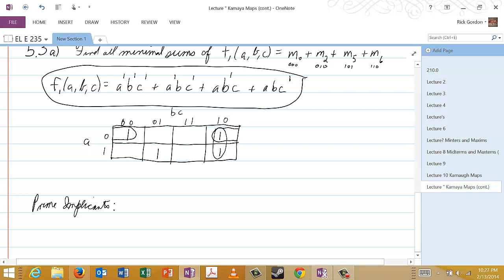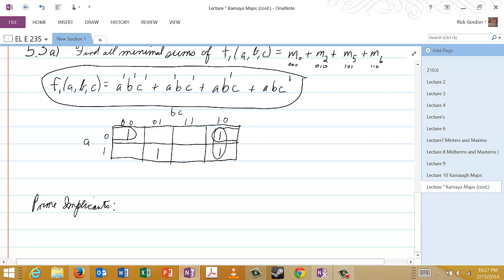So for instance, what do I mean by all that? Well, this prime implicant here, this first one that we identified, notice that in the top cell, A is equal to 0. In the bottom cell, A is equal to 1. Since A is changing within that prime implicant, that variable A will not appear in the name of this prime implicant.